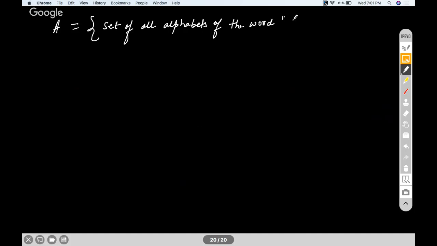Let's say set A is basically the set of all alphabets of the word POOR.